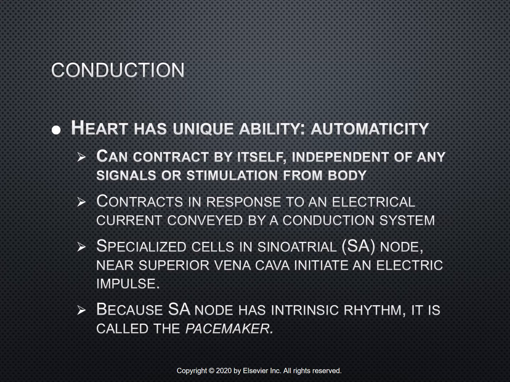The SA node, or the sinoatrial node. You hear sinus rhythm, sinoatrial. So when we look at an ECG, EKG, we want to see a regular rhythm or sinus rhythm. And that's because the SA node is the pacemaker of the heart.